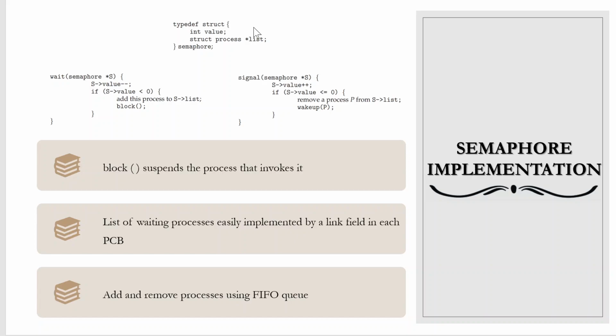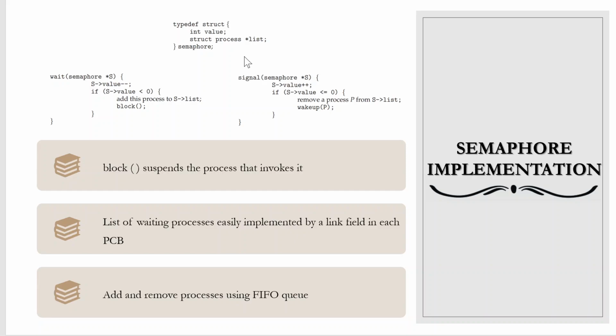To implement semaphores using this definition, we define the semaphore as given here. Each semaphore has an integer value and a list of processes. When a process must wait on a semaphore, it is added to the list of processes. A signal operation removes one process from the list of waiting processes and awakens that process.